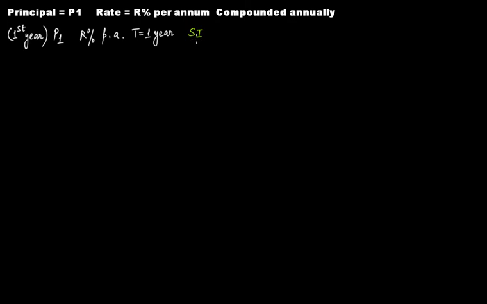The interest that will be applied for this 1 year on this amount will be equal to P multiplied by R divided by 100 multiplied by T. If we denote this simple interest by SI1 for this 1 year, it becomes P1 multiplied by R by 100 and multiplied by T, that is 1, so just leave it there.